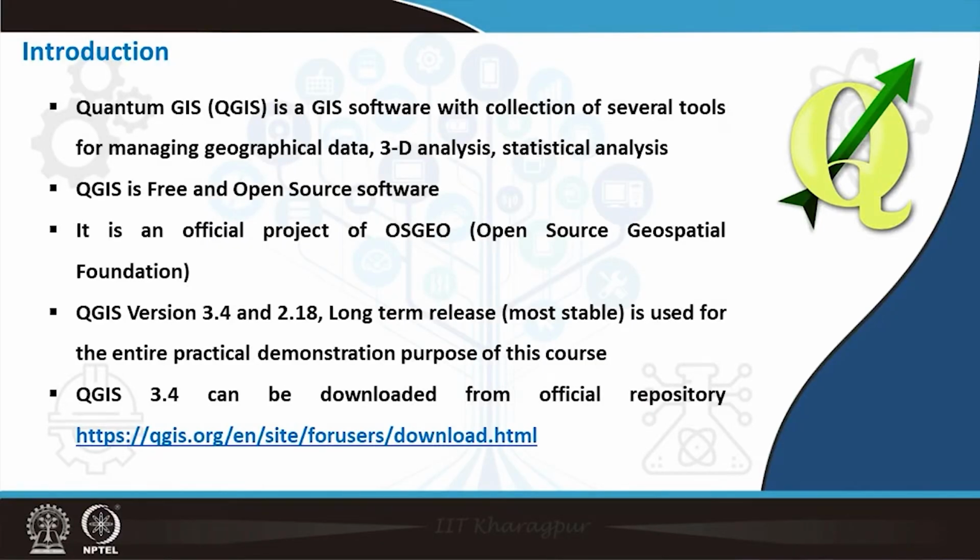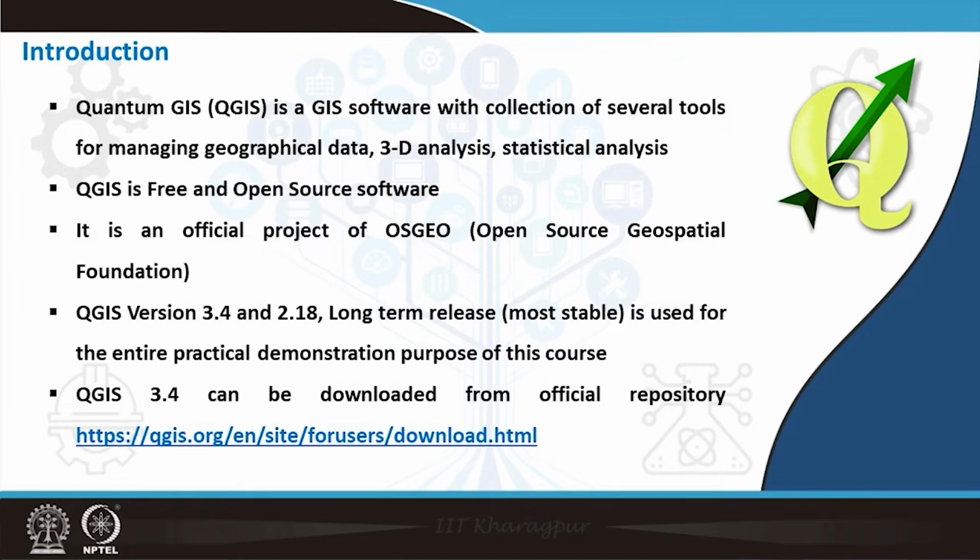QGIS or Quantum GIS is a GIS software with a collection of various tools which is used for managing, analyzing and visualizing geospatial data. QGIS is a free and open source software, meaning you don't have to pay anything for this software, and it is freely available online.